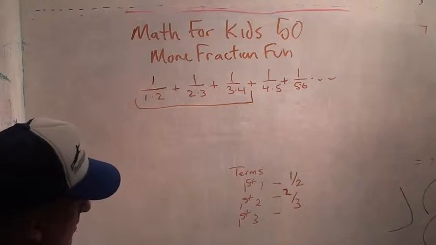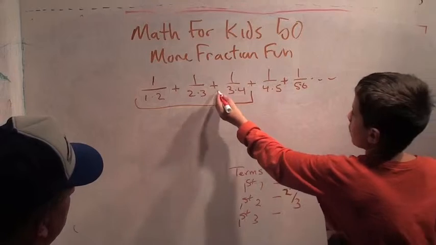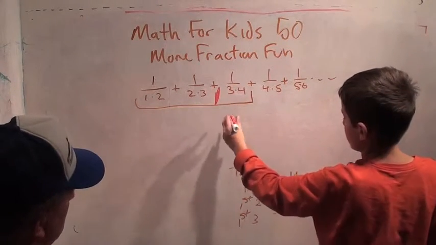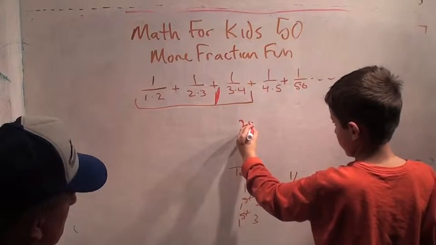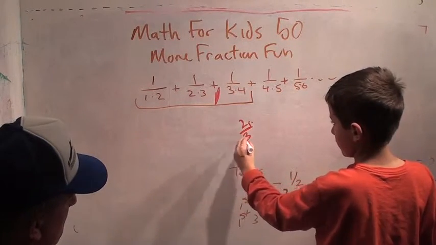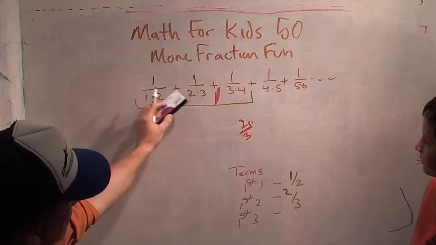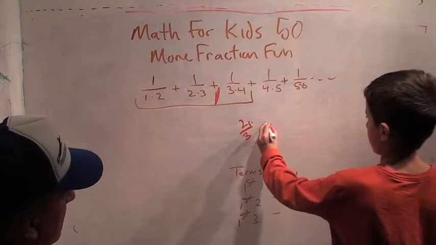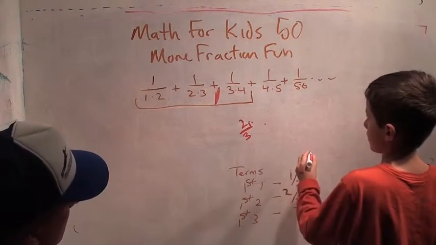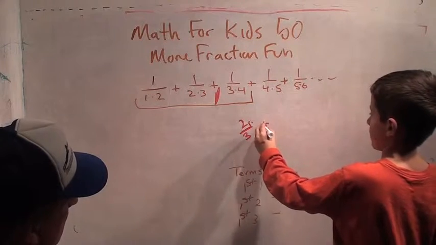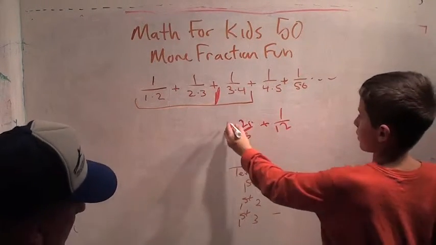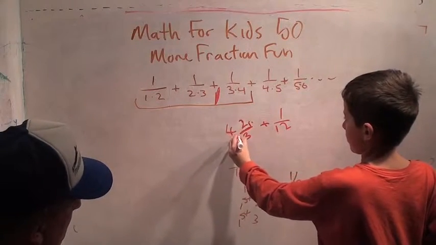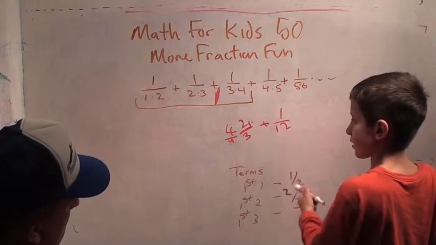We already added up the first 2 terms, so we know they add up to 2/3. So this is 2/3 plus 1/12. How do you do 2/3 plus 1/12? Multiply this by 4 over 4 and this by nothing.